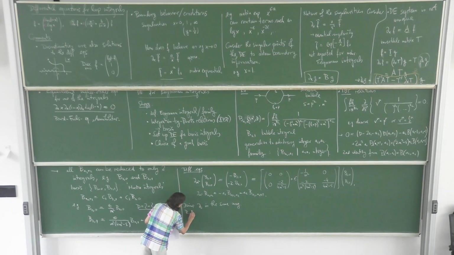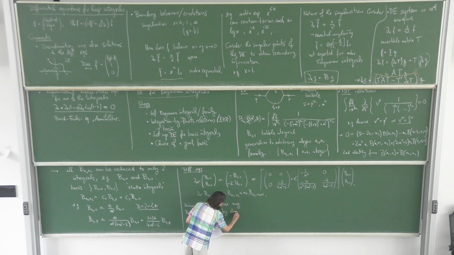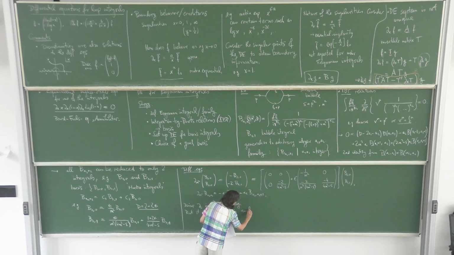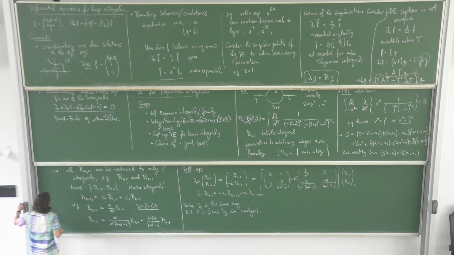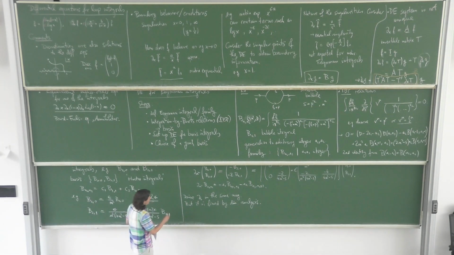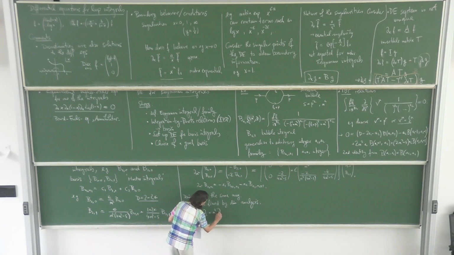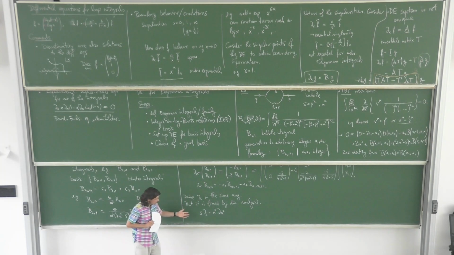So it's fixed by dimensional analysis. So what does it mean? It means that if we rescale all dimensionful variables, and this is done by the following operator, S ds plus m squared dm squared, then this is an operator that just counts the dimension of your integral.